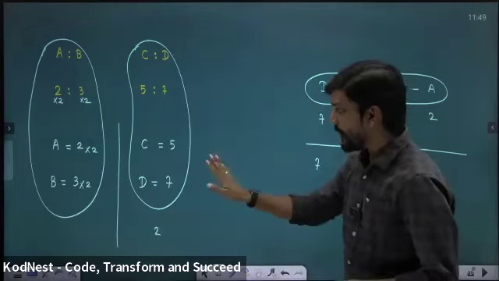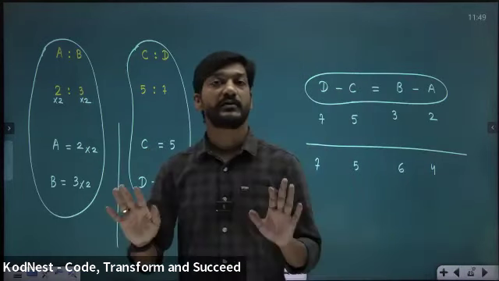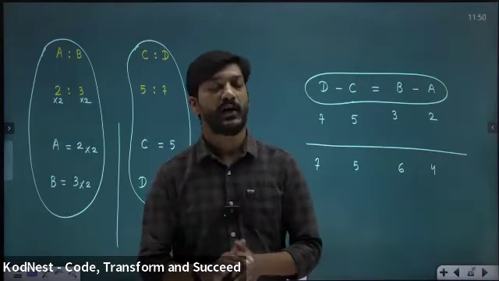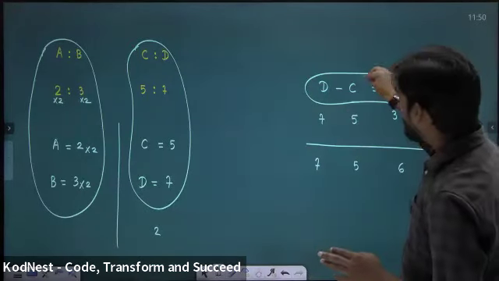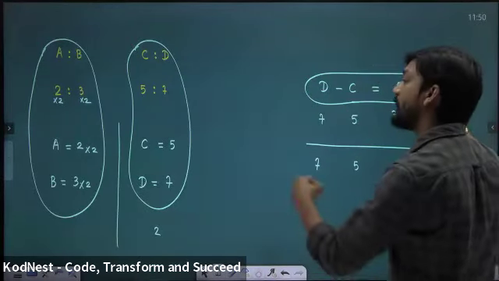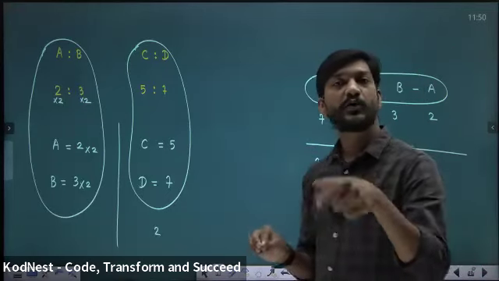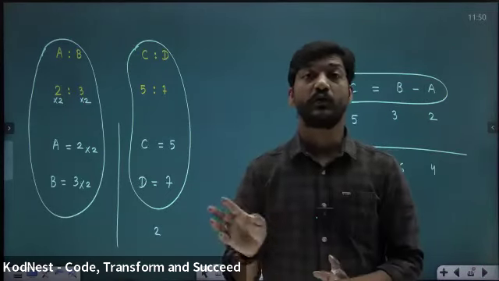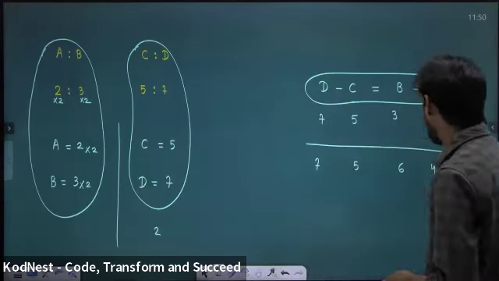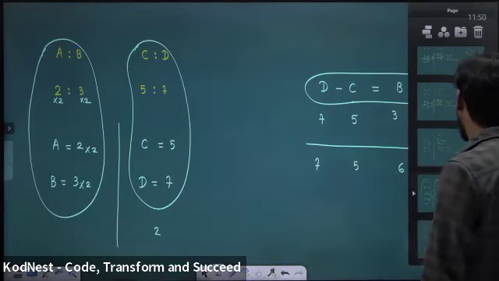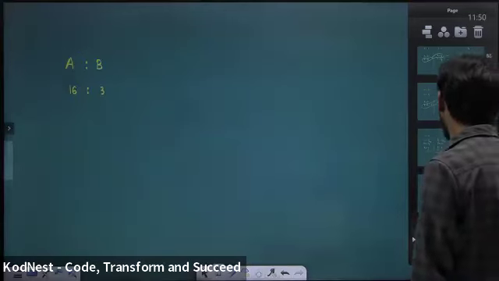Nothing else should be done. Understood this or not? Again telling you, what condition we have to check whether it is followed will keep on changing in the question. Don't think it will always be same. All right. Now let's start with the questions.